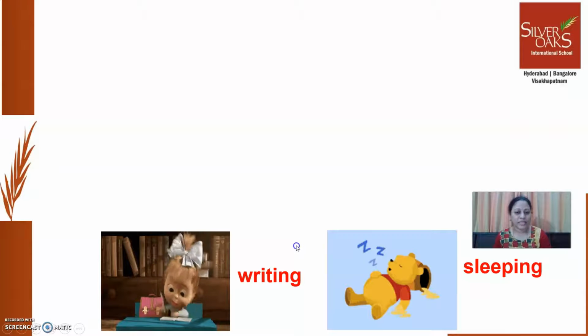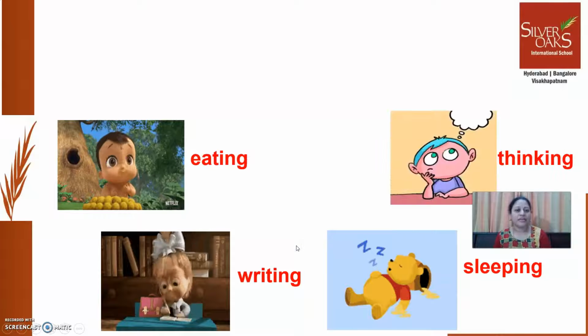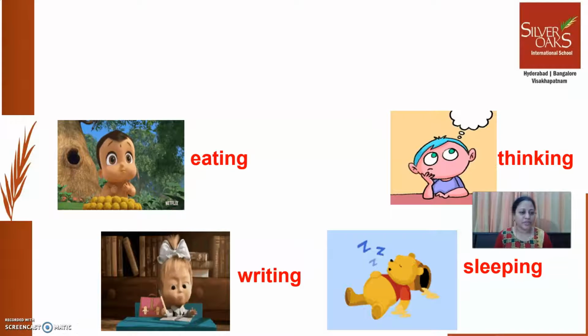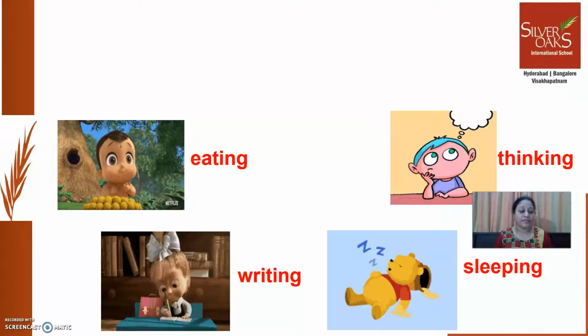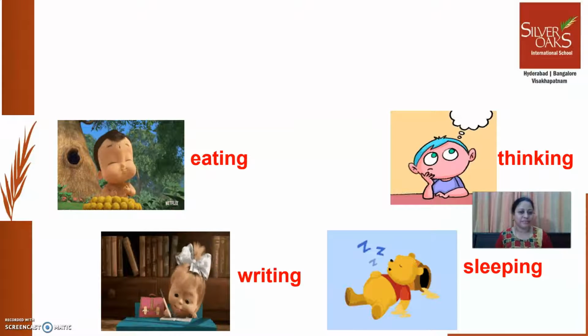Observe these words. Writing, sleeping, eating, thinking, and similar words. Playing, kicking, running, swimming, jogging, skating. Just observe these words carefully. What are they telling us? If you observe these words, in all these words, some kind of action is there.